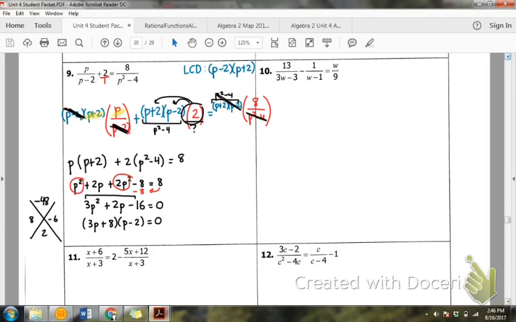What do we do with each of these things now? 3p plus 8 and p minus 2.